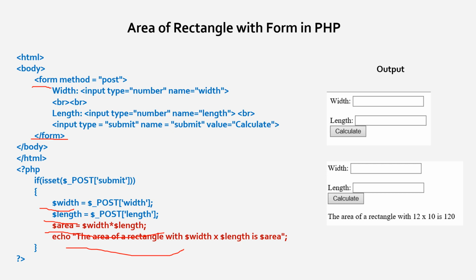After getting the width and length from there, using this formula the area is calculated and we display it. The output will be like this.